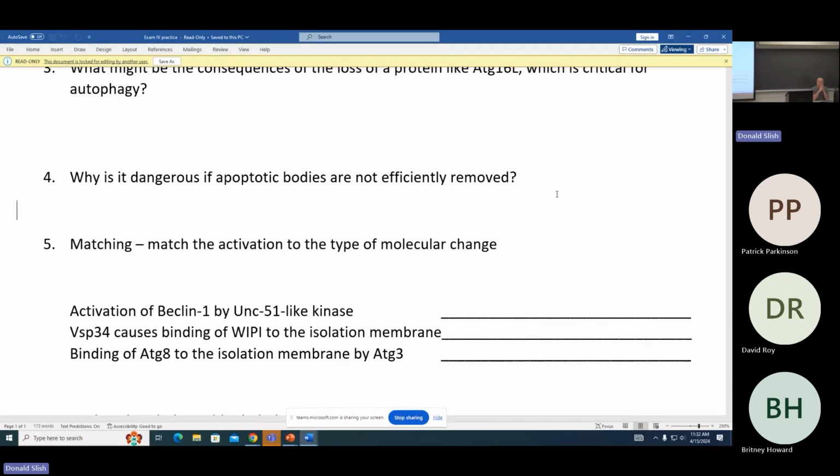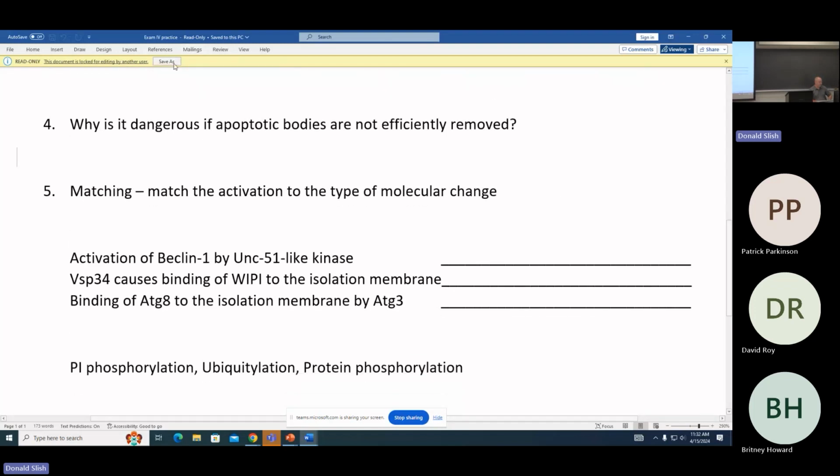Not really. The specific thing I read in the book was it's going to cause inflammation. And inflammation is a bad thing. So if you've got a whole bunch of apoptotic bodies building up, then they're going to stimulate inflammation. We want to decrease that.